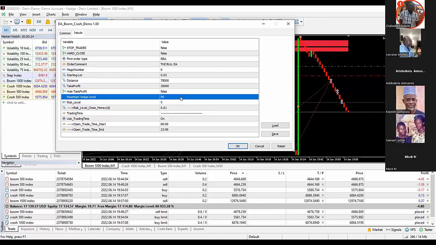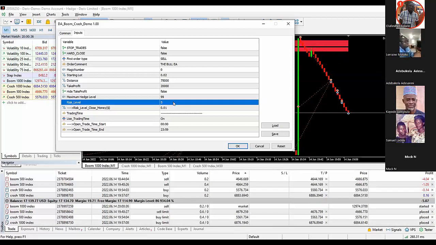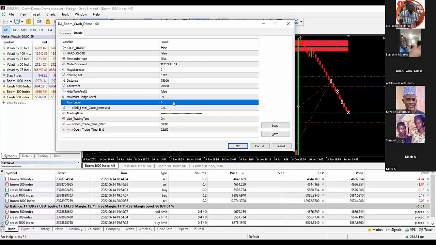But if you change it to 5, what is the interpretation? The interpretation is that, okay, software, if my first option in boom is selling, and I get it wrong the first time, don't mind. Second time, don't mind. Third time, don't mind. Fourth time, don't mind. Fifth time, don't mind. Sixth time, then make a correction.